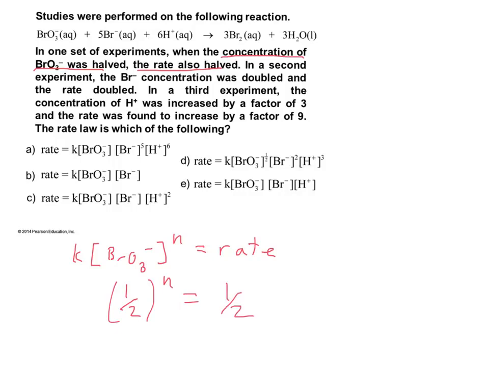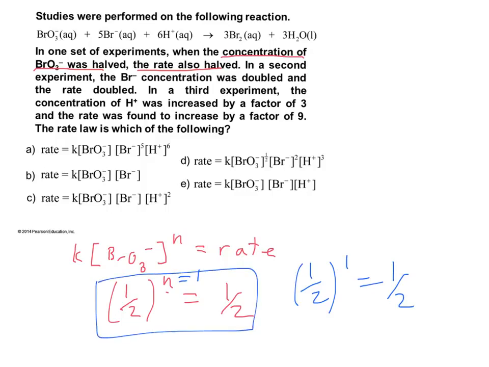What power can I raise 1/2 to get 1/2? 1, right? One is the only way to make this a true statement. So my rate law has to have bromate as a first order.